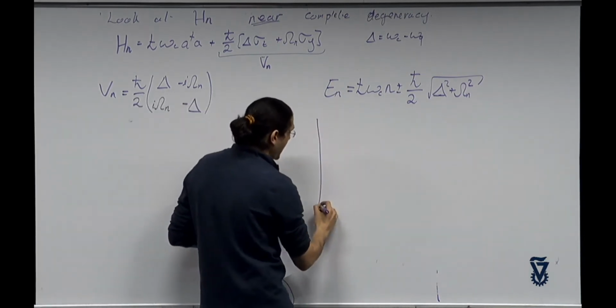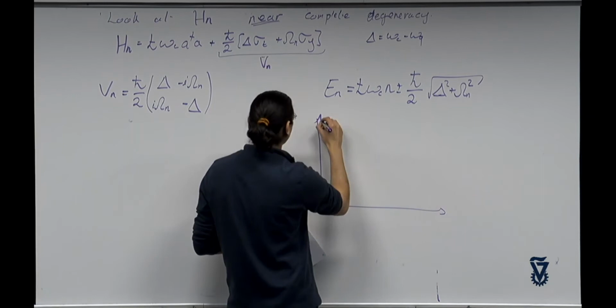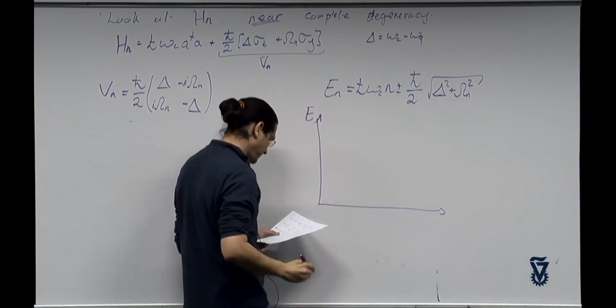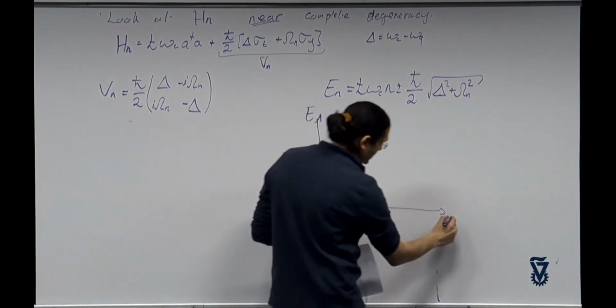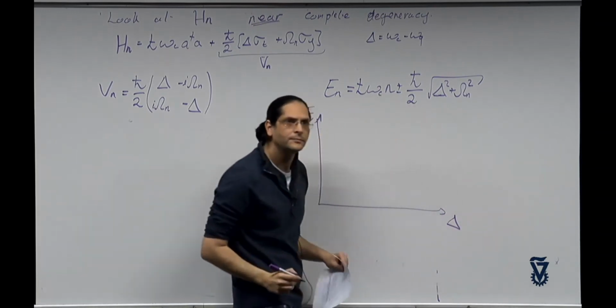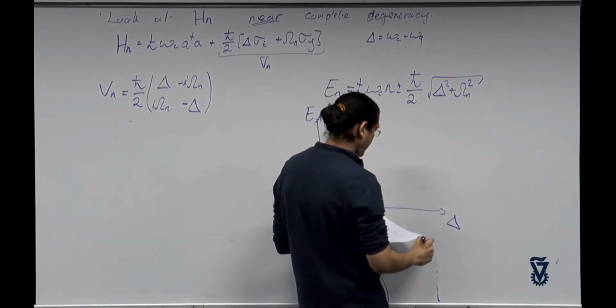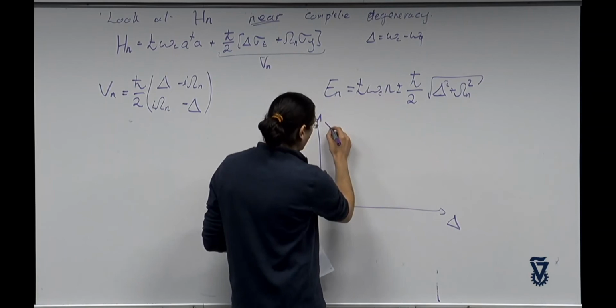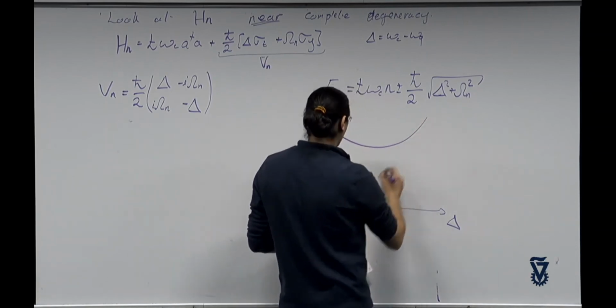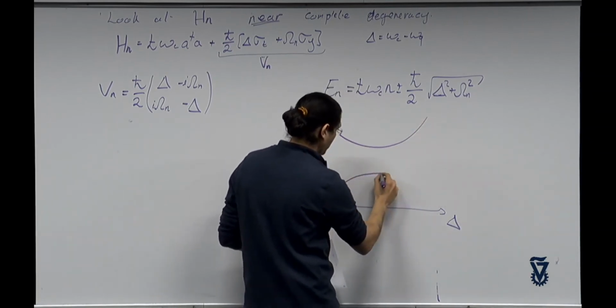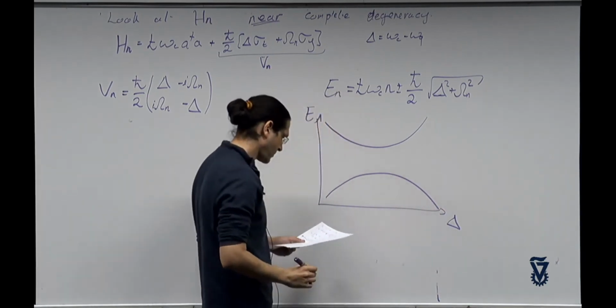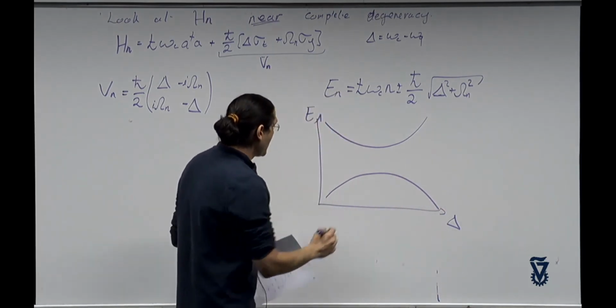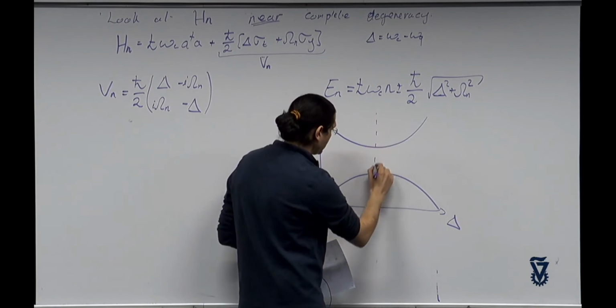And if you draw this out, so this is E, and this is delta, the detuning. Then these are the two solutions. And this is right on resonance.